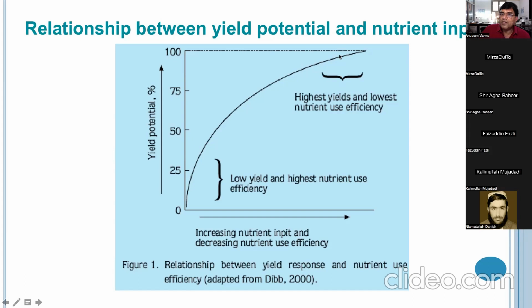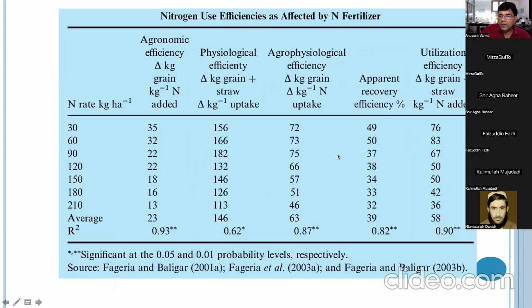You can see the change in y is very small. If you remember the law of diminishing returns, the same kind of thing is here. As you go on increasing the doses of fertilizer or nutrients, the nutrient use efficiency declines. It will be more clear to you now.